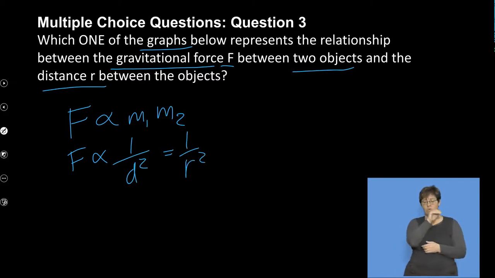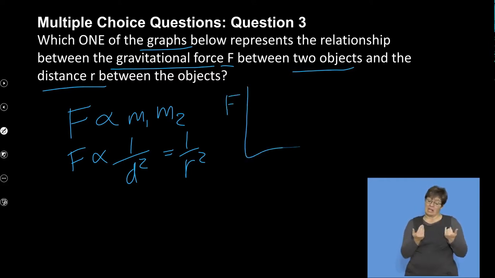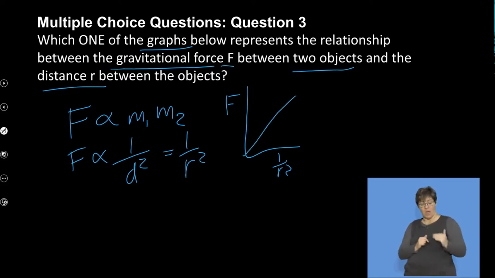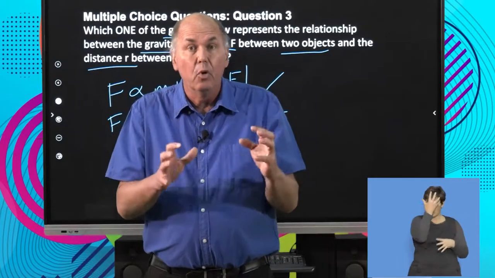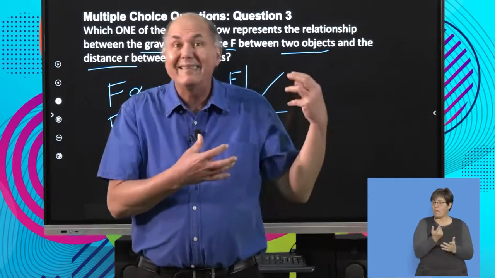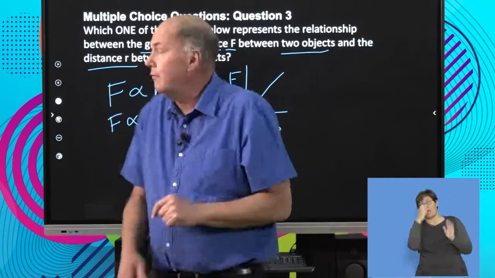So if I'm looking at a graph, I would expect if we had F and we had 1 over r squared here, those are directly proportional. And what's directly proportional? It's going to be a straight line through the graph. So just by looking at the relationship, looking at the formula for the gravitational law, I can come up with what I think the graph would be before I've even looked at it.